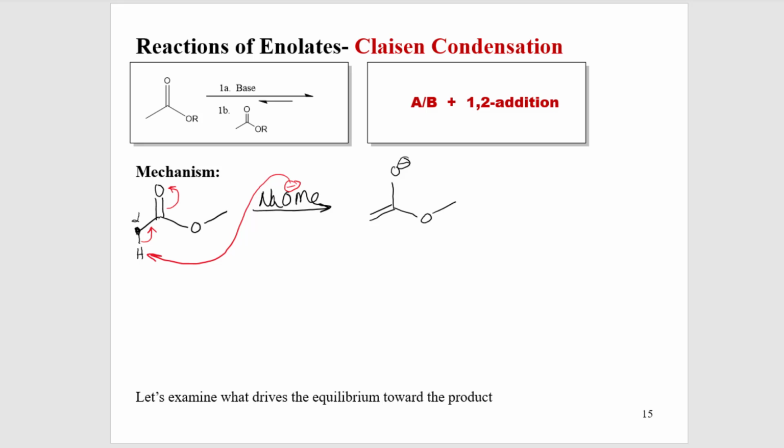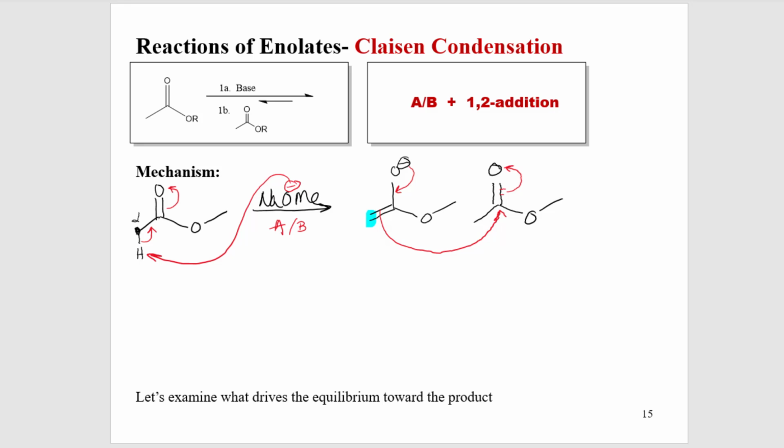If you look at step 1B, so this first step was acid-base chemistry. Step 1B is introduce a carbonyl. So we're actually going to do it on the same molecule. So another molecule of itself is floating around. And remember, the alpha carbon is the nucleophile. The enolate collapses down, and the pi bond attacks the carbon of the carbonyl in a 1,2 addition.